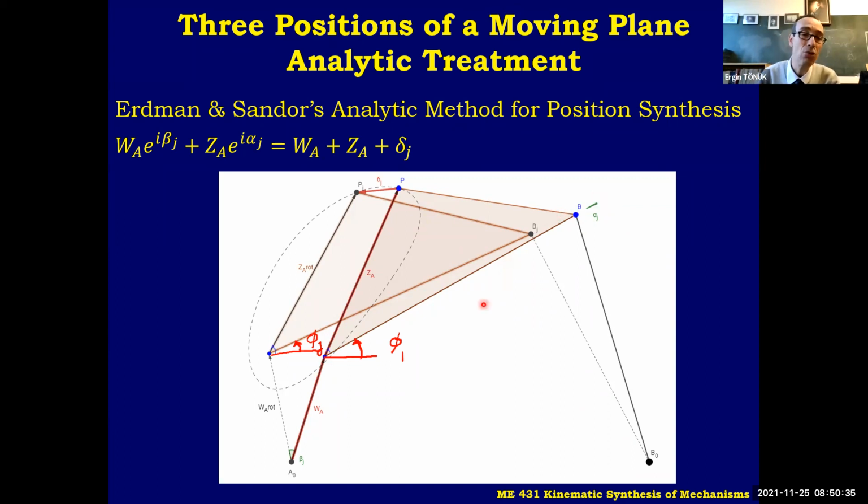And we are actually trying to find a 4-bar linkage. We would like to select A and B and corresponding A0 and B0 for this mechanism. So our vectors WA, which is from A0 to A, and the other vector, which is ZA, which is on the moving plane that connects A to the representative point, are unknowns.